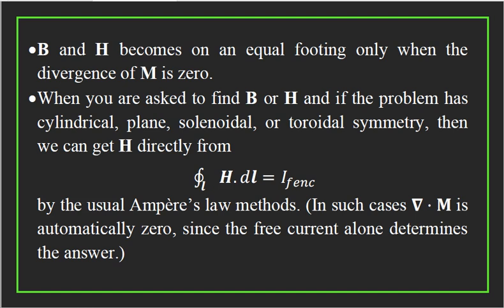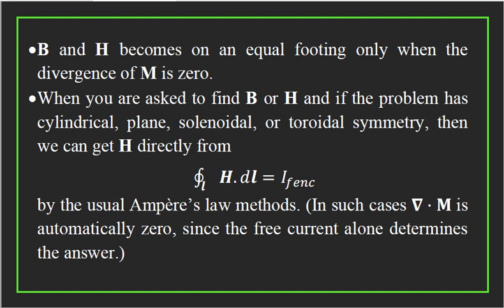This can be done by using the simple Ampere's law methods, and automatically in such cases del dot M will be 0, since the free current alone determines the answer. Here we need to know only the free current, because in the integral, H can be taken out in the symmetry case, so it is determined only by the free current.